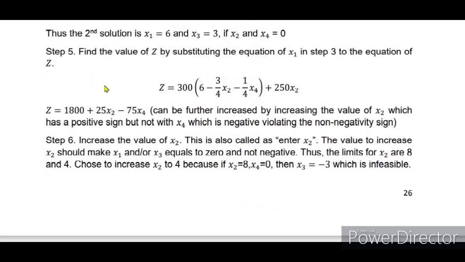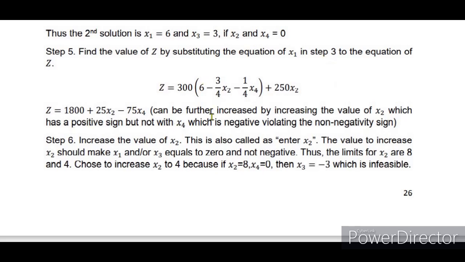So for step number 5, find the value of z by substituting the equation of x sub 1 in step 3 to the equation of z. So first, write the equation of z and substitute the equation of x sub 1 we found in step number 3.